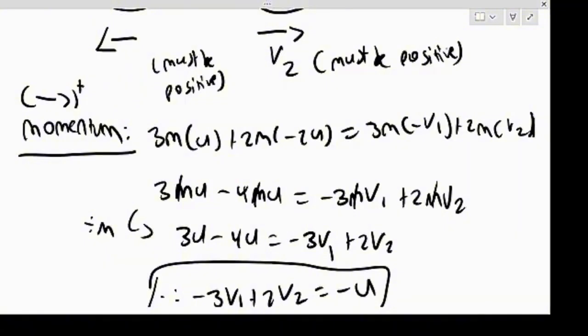If I had a negative answer like -3 for V1, it would tell me it's going to the right by 3, but it can't move to the right. It has to be moving to the left. We're told that, so it has to be a positive answer. I want to stress the difference between the direction of the speed being negative, but the speed itself having to be a positive number. Hopefully that made sense.